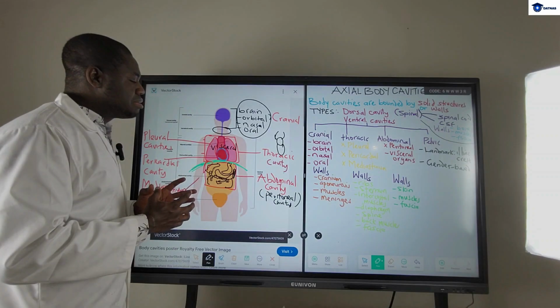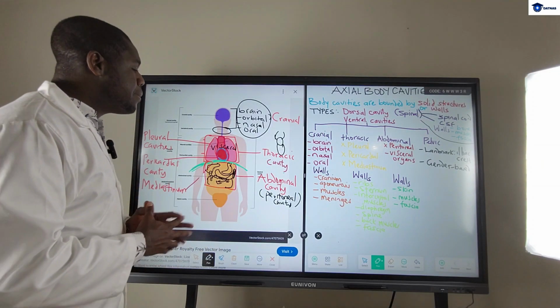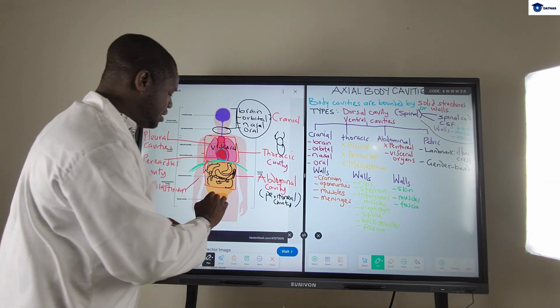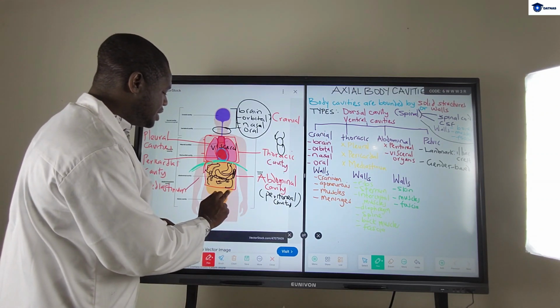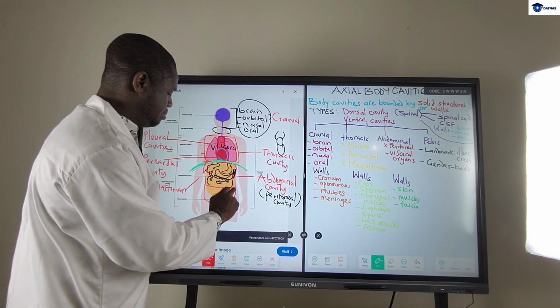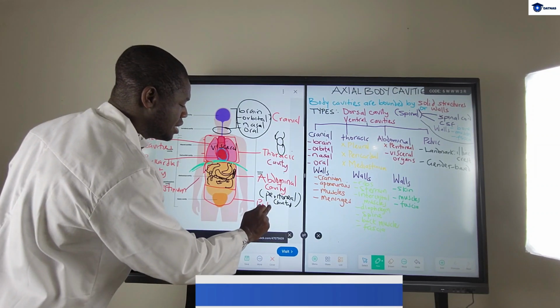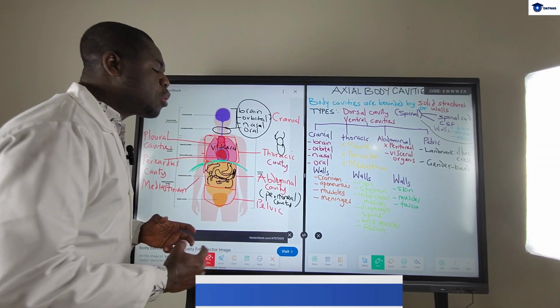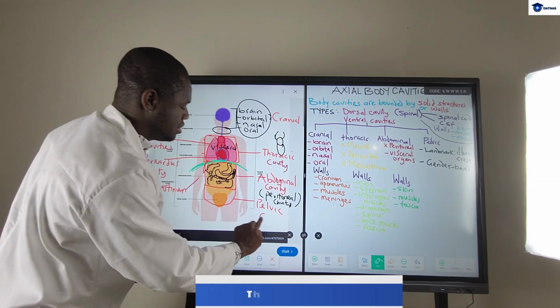The next cavity to talk about is the pelvic cavity. The pelvic cavity is the continuation of the abdominal cavity.